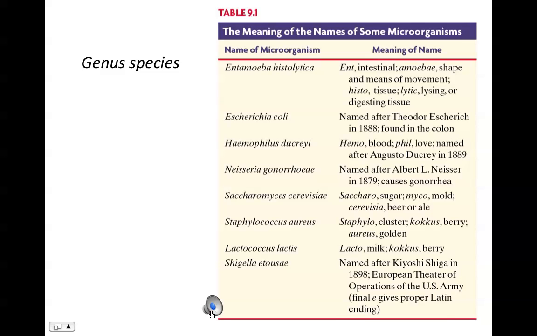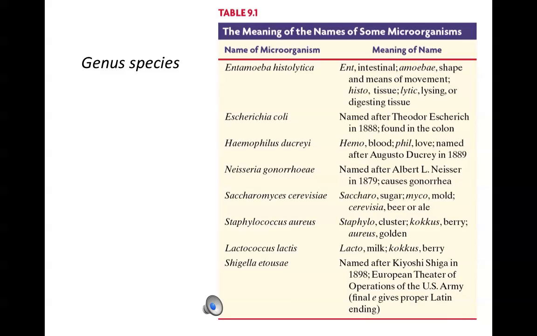Now, we've mentioned the binomial or two-name system that originally started with Aristotle and that Linnaeus perfected and expanded upon. The two names, genus and species, are the foundation that we use for the unique individuals that have very specific characteristics. The word genus is always capitalized. The species name, or the species epithet, is not capitalized.